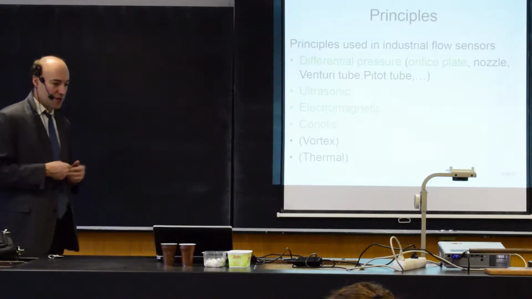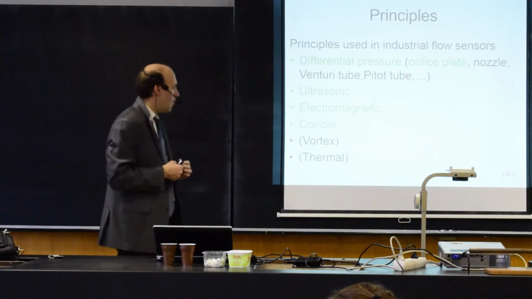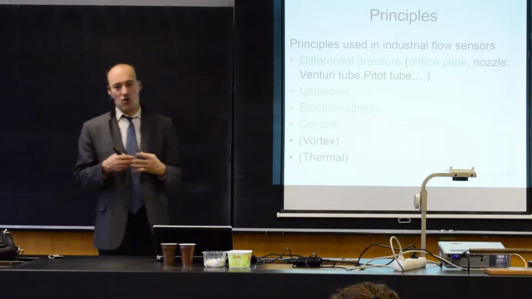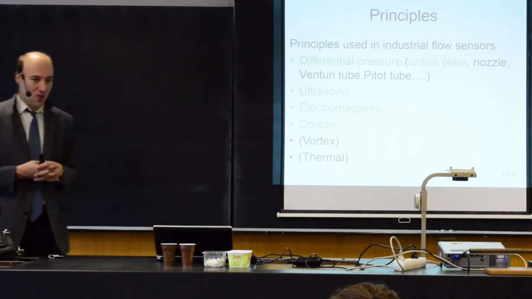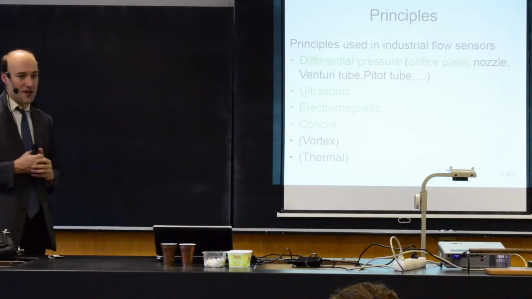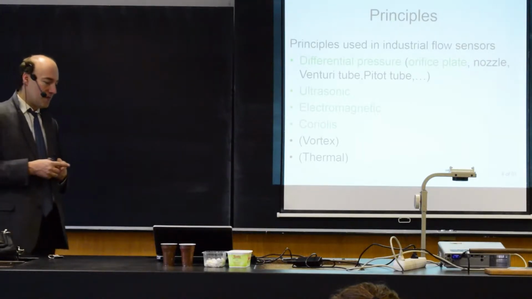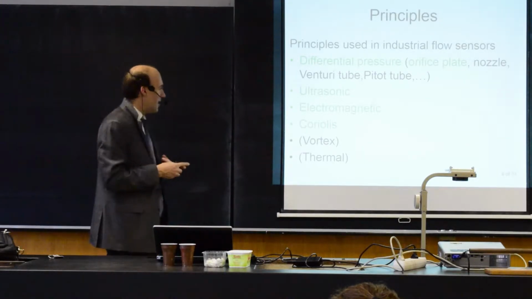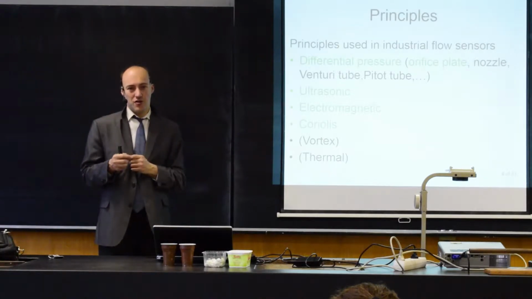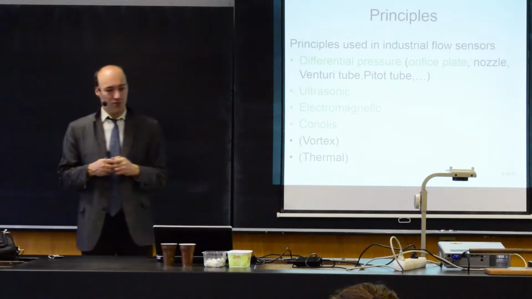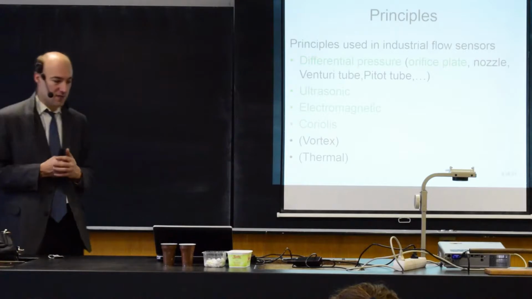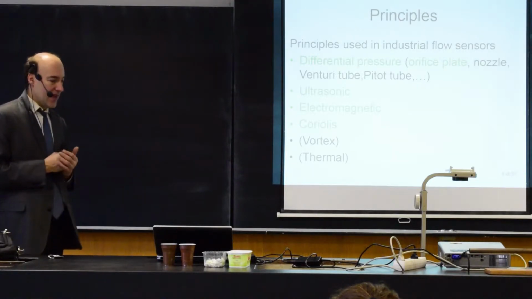There are many principles used to measure flow. We will discuss only some of them, only the ones that are highlighted in green here. So we can measure the flow if we measure differential pressure. This relates to the pressure sensors that we discussed in previous lectures.